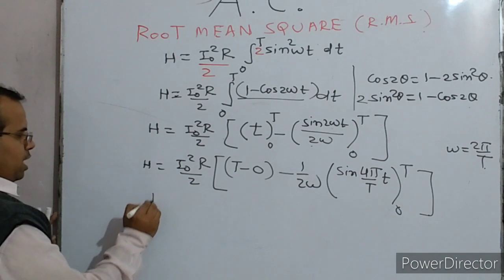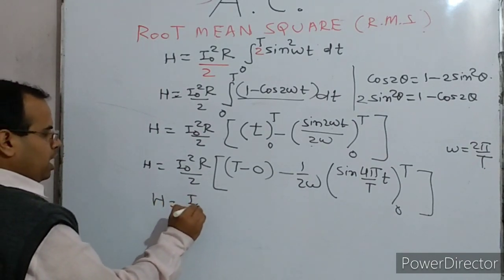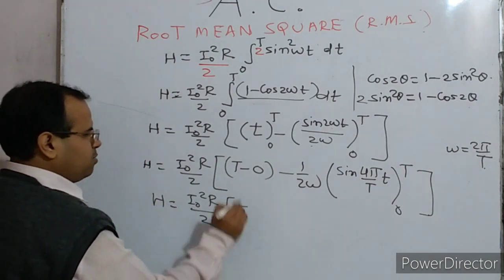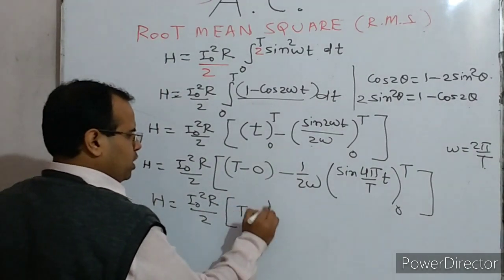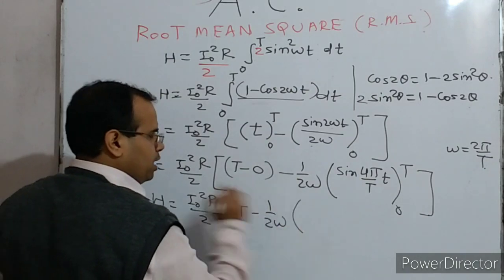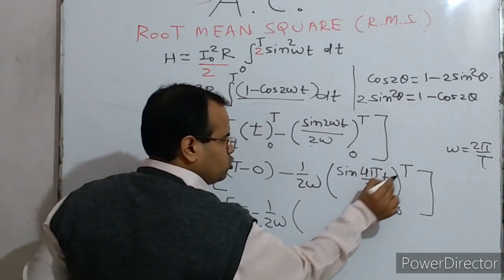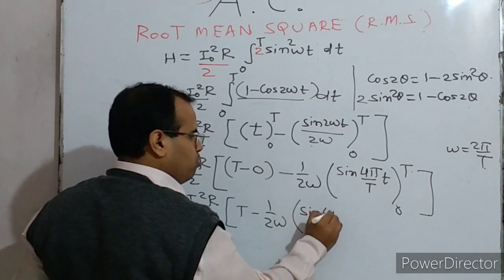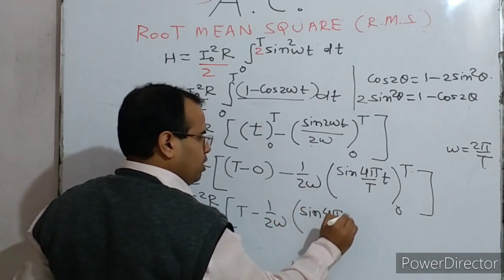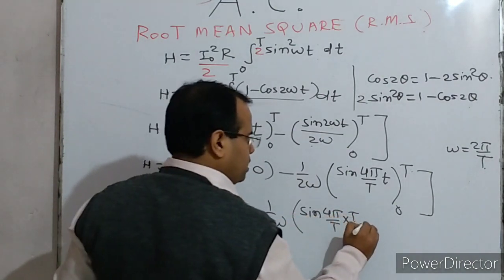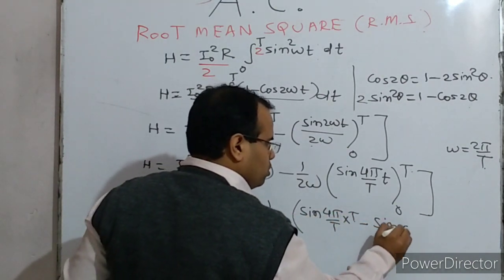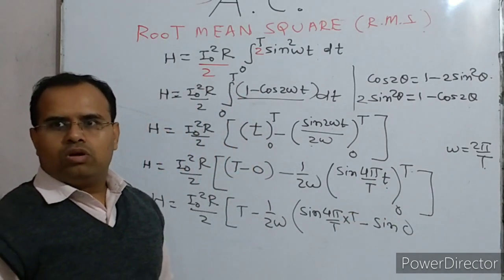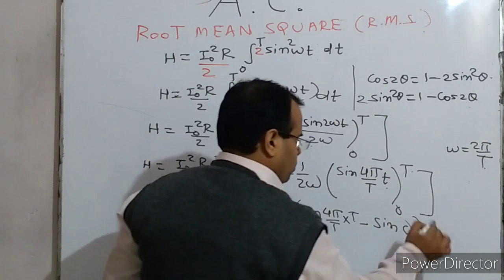Now H is equal to I naught square R by 2, multiplied by t minus 0, which is t only, minus 1 upon 2 omega, and now in place of small t we write capital T, so that gives sine 4 pi by capital T multiplied by capital T, minus sine 0, because in place of small t we write 0.